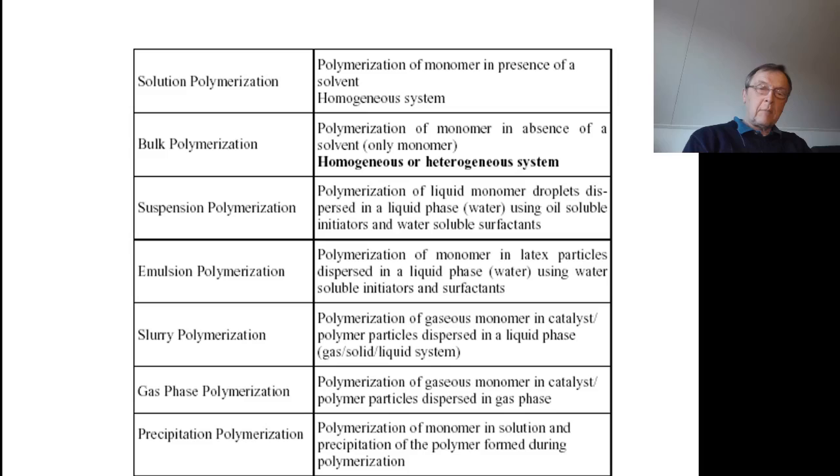This is a method that is mainly used for converting the gaseous monomers like ethylene and propylene. Other monomers are liquid under typical reaction conditions. There we do not need to apply these three-phase conditions.